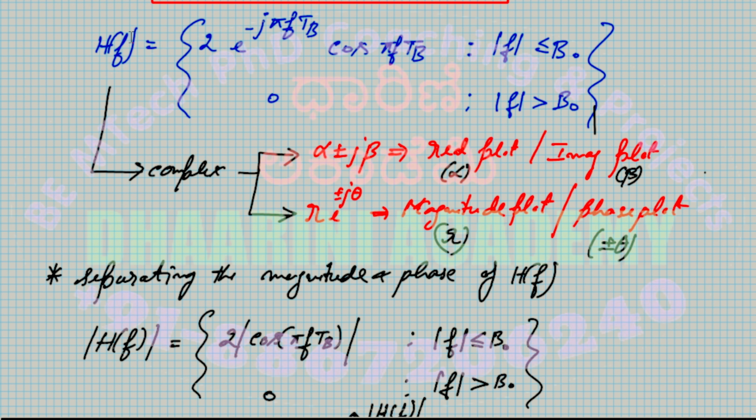So this H of f is complex, which means you have two options. One is to write it in the format alpha plus or minus j beta, which is nothing but the real and the imaginary parts that you can plot. And another option is to write it as r e to the power plus or minus j theta, the polar format.